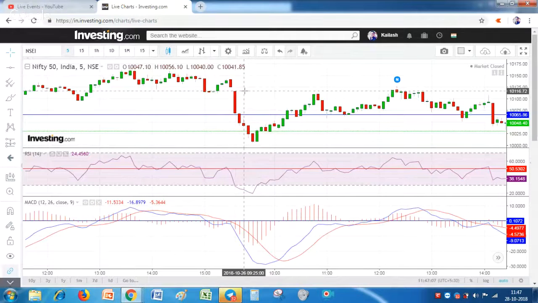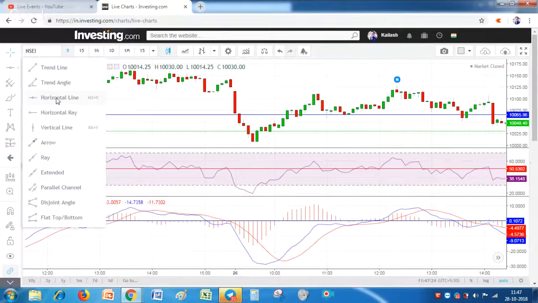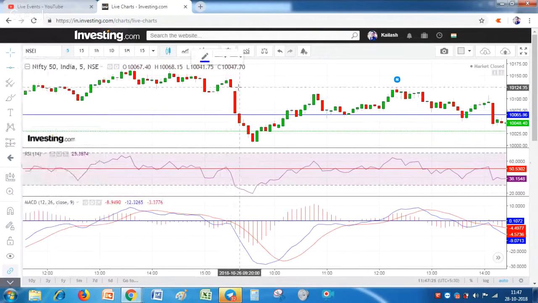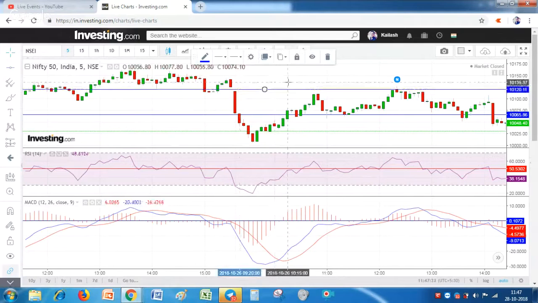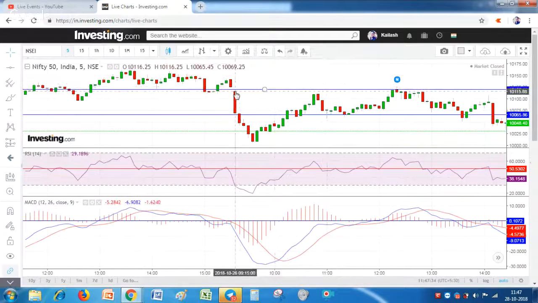First 5 minute candle high is our stop loss. Means stop loss is somewhere 10116. We can keep it on the safe side, 10120. Let us mark that level. Means 10,120 level. Let me mark one line there also. This is our stop loss, friends.